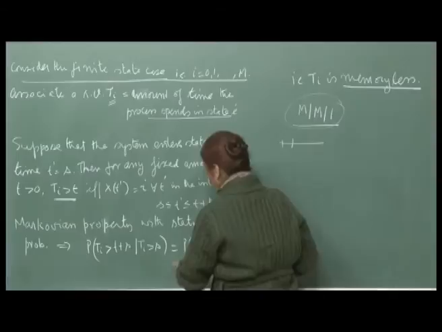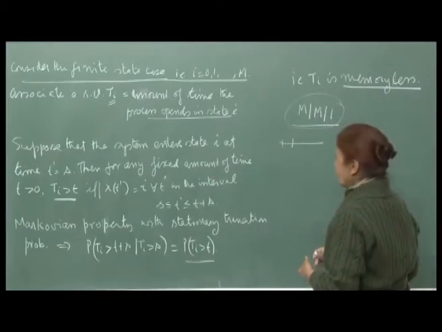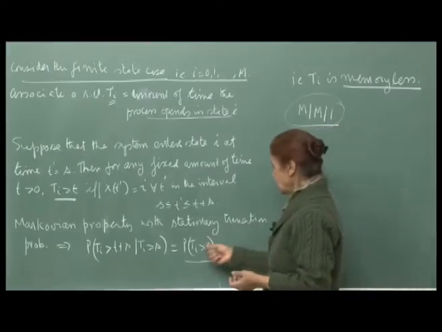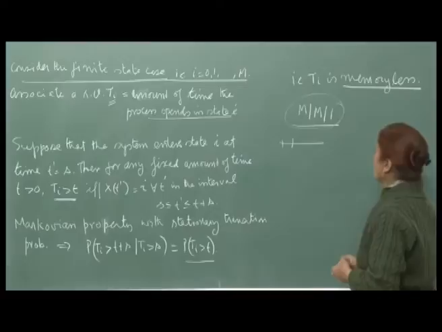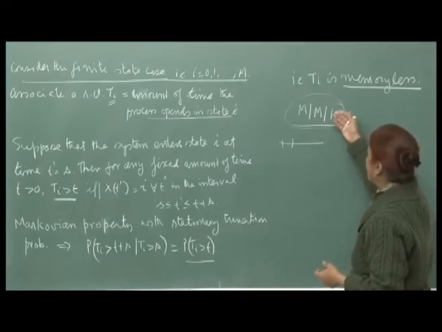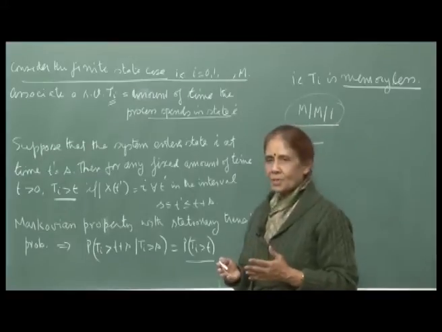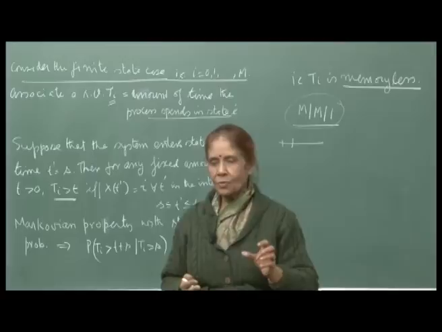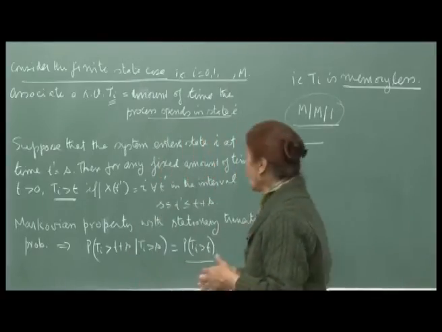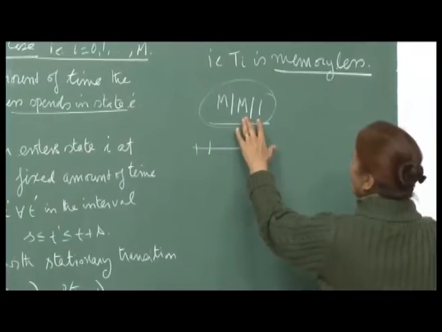The Markovian property in the continuous case can again be written down as this, and this is the memoryless property, which implies that T I has a negative exponential distribution. So, the birth and death processes that we will consider are those where the inter-arrival times have a negative exponential distribution, and the service times also have a negative exponential distribution.